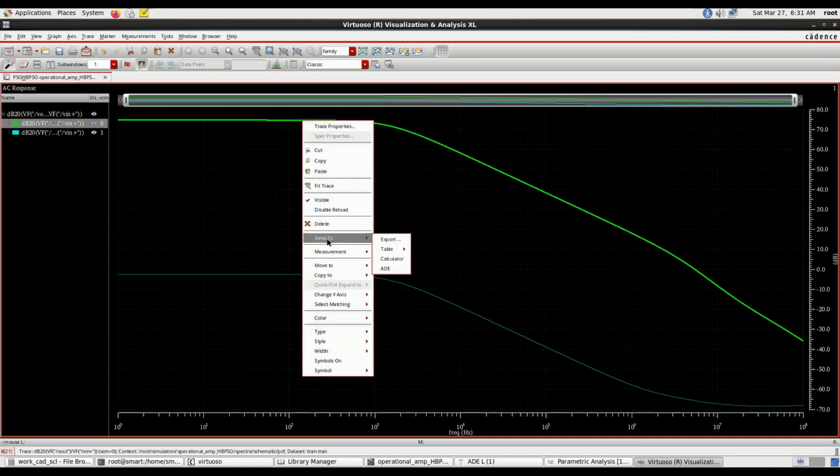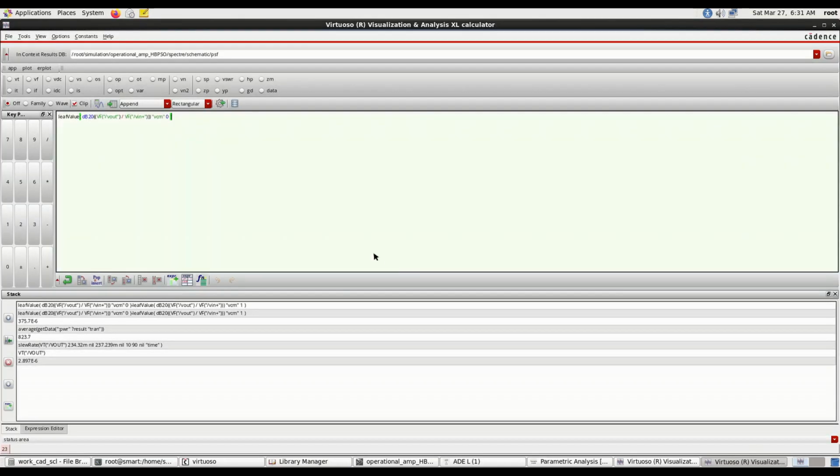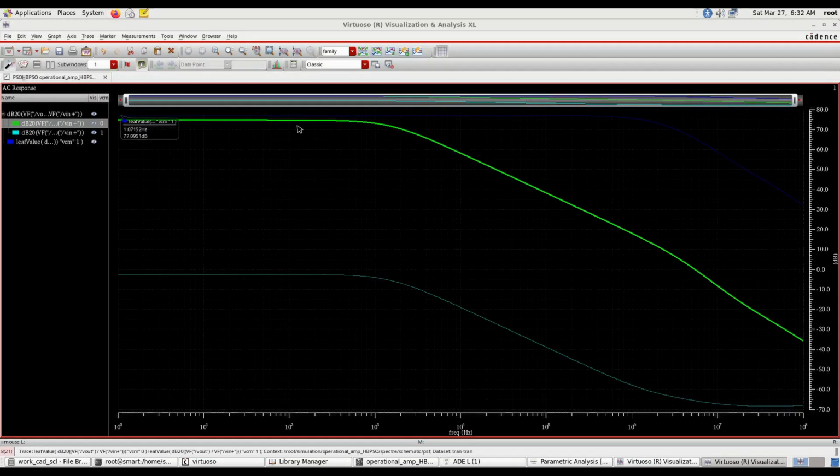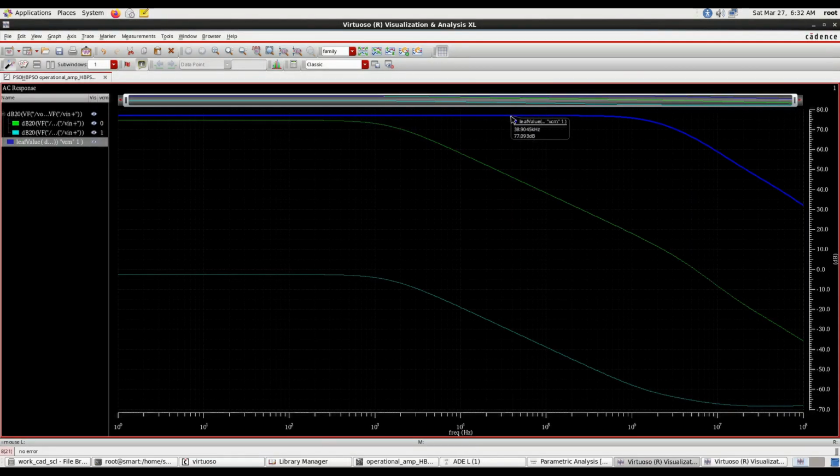Let's take it to the calculator. Now copy it by selecting, minus. Now give to 1. So now plot it. So here you can get 77 dB CMRR. So this is the CMRR plot. In this way you can do CMRR analysis.